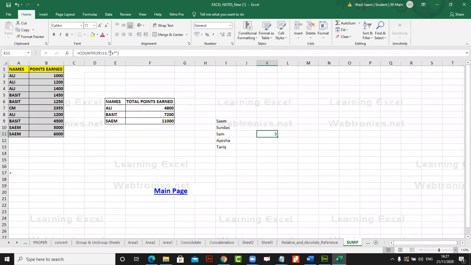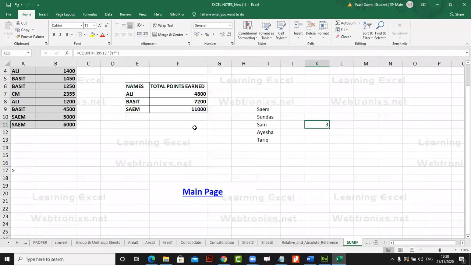Whenever in the criteria, remember this please, I use wildcards together, I need to put them in double quotes. There are certain things you have to remember, so I'm repeating, please note this down. It's an important point.